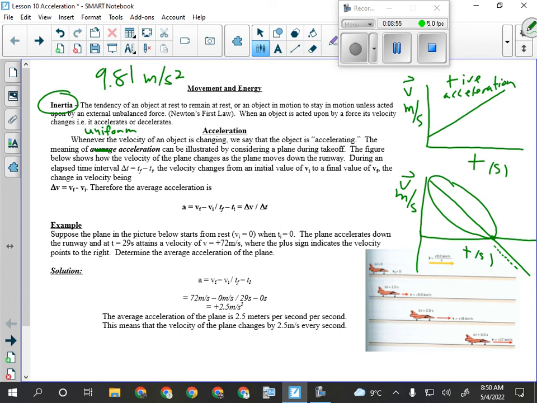Doesn't it depend on what's dropping? Good question. In the real world, to an extent, yes it does. In the perfect physical world, it absolutely does not. In the real world, if I drop a feather and a bowling ball, the feather goes like this, and the bowling ball drops.